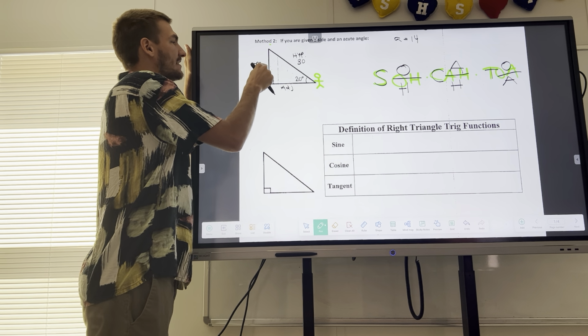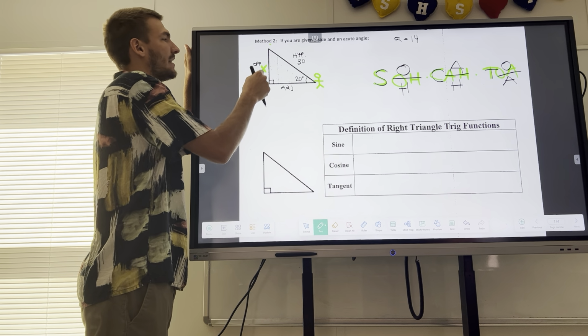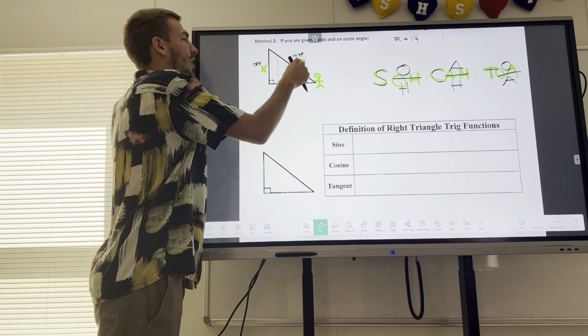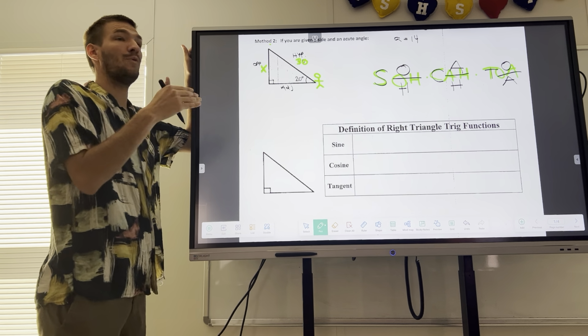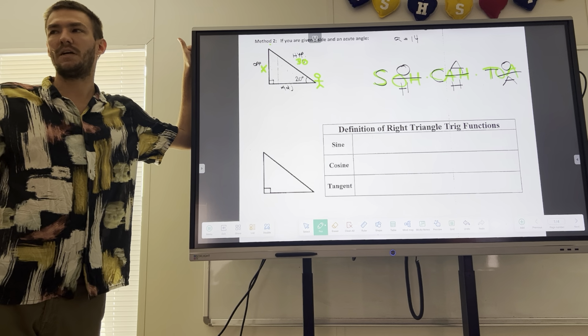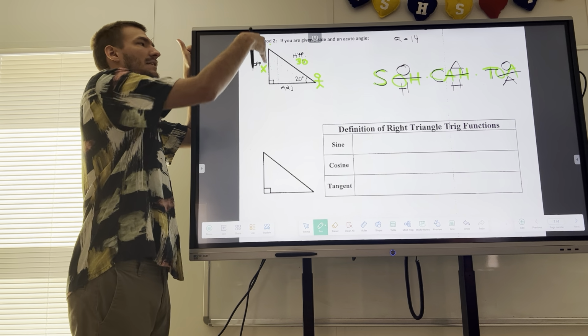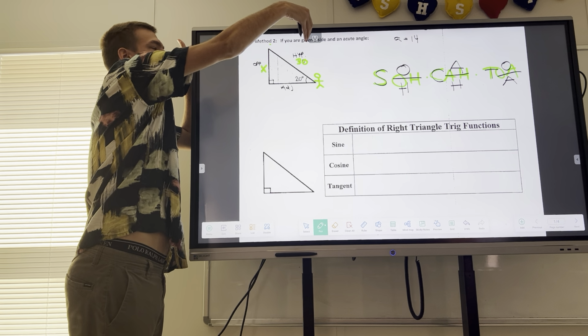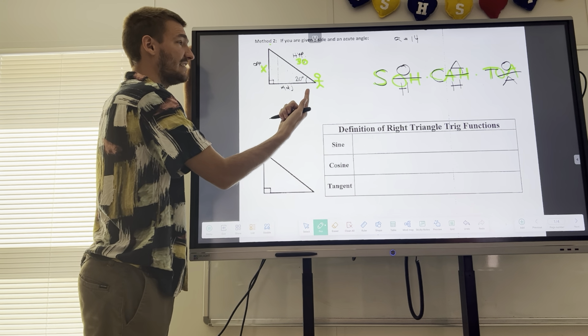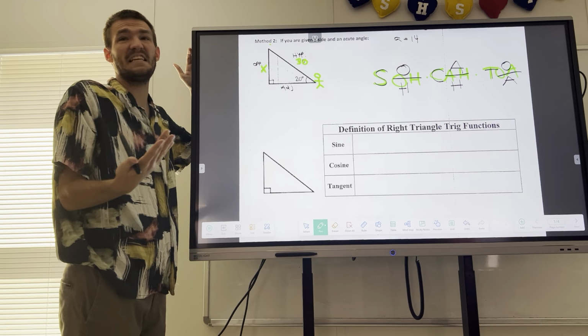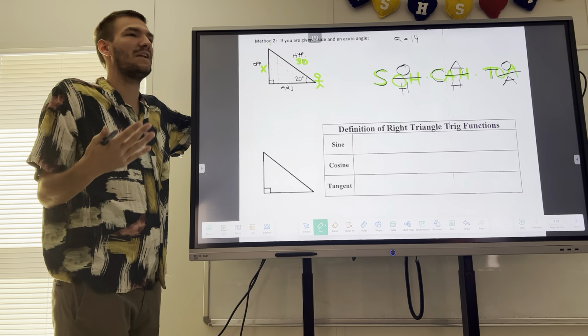There's an X on the opposite side, there's a 30 on the hypotenuse side, and which side have we not used at all? The adjacent is not needed. It's not really in the question at all.